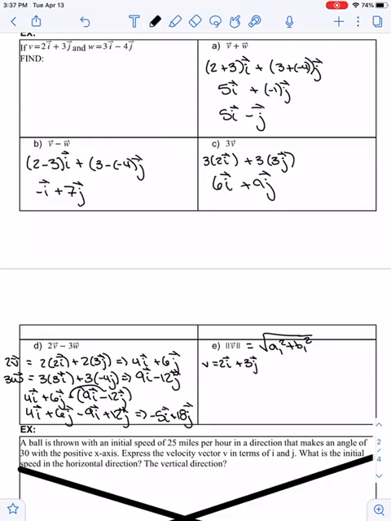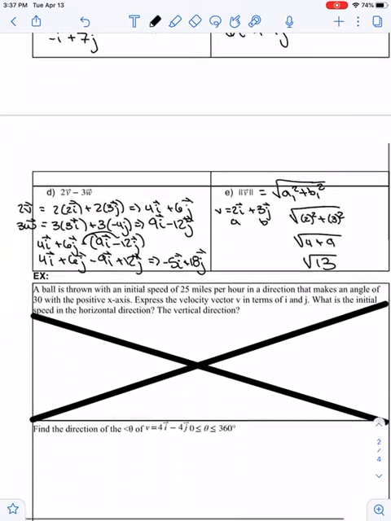And I'm going to label each one. So the 2 is the a, and the 3 from the j is the b. And then I'm going to plug in. So the square root of 2 squared plus 3 squared. That's the square root of 4 plus 9, which is the square root of 13. That's it. Just simplify.